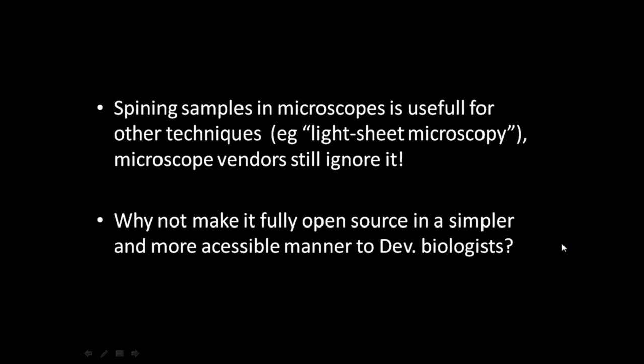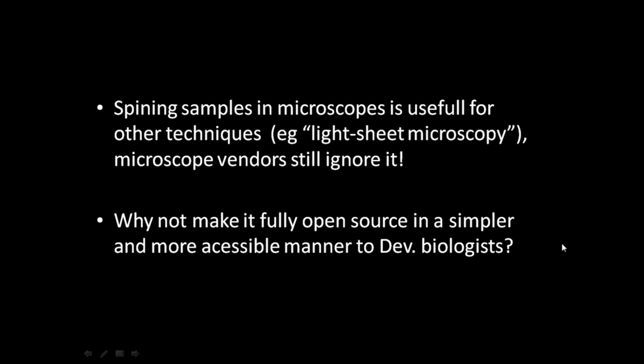So the idea here was that you had to spin the samples, and that required a little bit of automation, connecting a motor physically and electronically to a camera, and building up the system. And it turns out that spinning samples is actually something that's very, very useful. That has been one of the greatest limitations of optical microscopes in the last century, the fact that we're always looking at samples from one point of view.